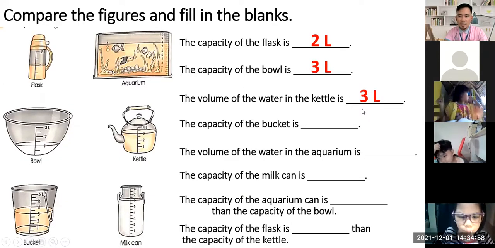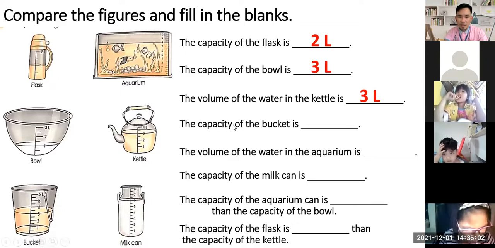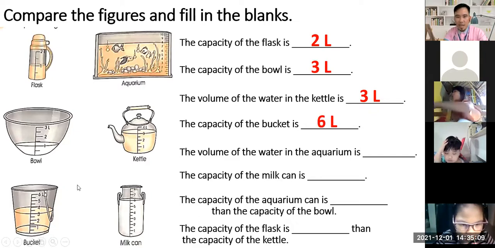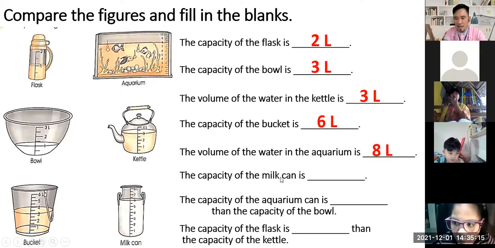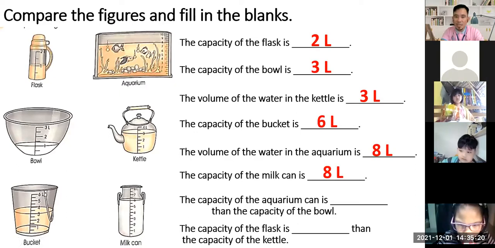How about here? The bucket. 6L or 6 liters. How about the volume of water in the aquarium? 8L. 8 liters. Liters in Thai you call it lit. 8 liters in English.